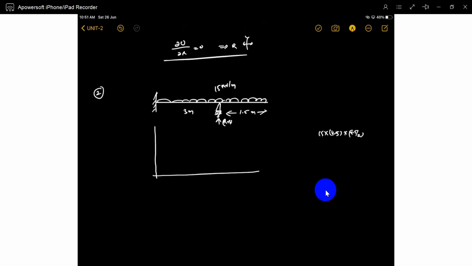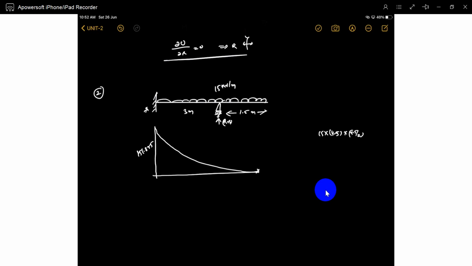That is the total bending moment at this location A. So 15 multiplied by 4.5 multiplied by 4.5 divided by 2, that is 151.875. That is the bending moment directly. So this curvature is 0, so it will come like that. That's the bending moment.